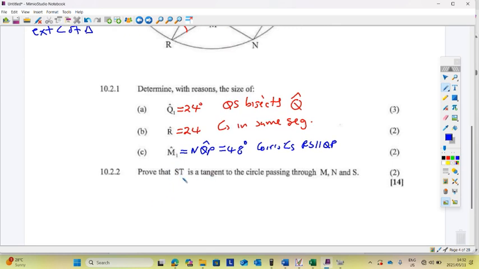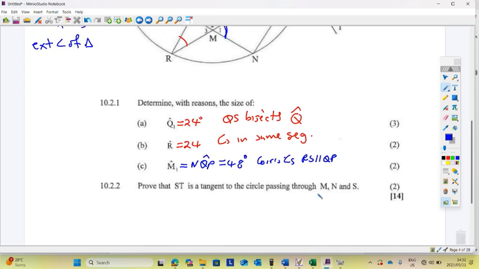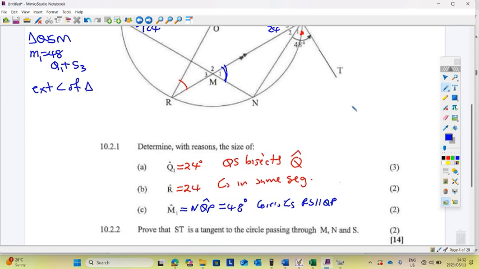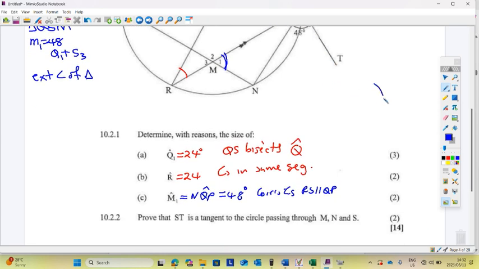And then prove that ST is a tangent to the circle passing through MNS. So it is saying ST here is a tangent. Let me draw the diagram aside. I have a circle. My circle is not so perfect.